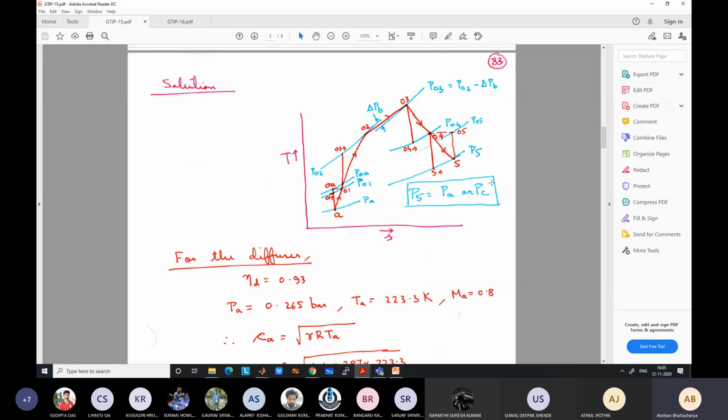So for the same Mach number and same pressure ratio, the compressor work input will be lower, and as a result you will get the opposite effect. Basically, you will get lower specific fuel consumption, meaning fuel consumption will be lower, and higher specific thrust.